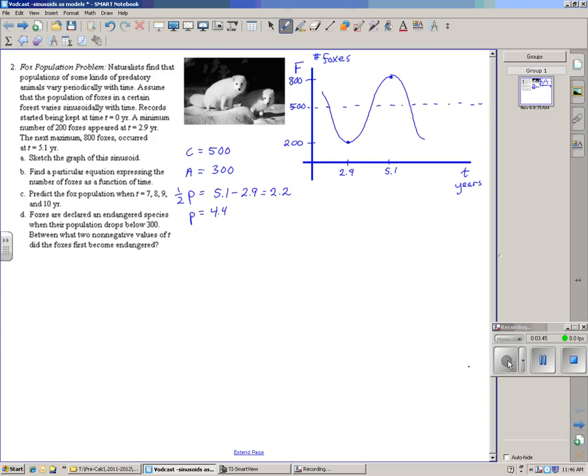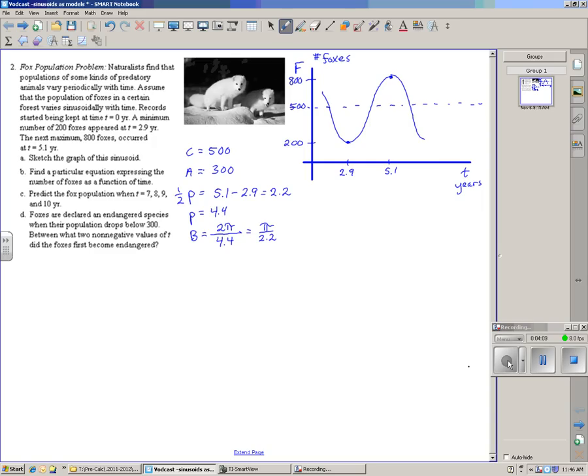Now the way I figure out B for my equation is B is always the normal period, which is 2 pi in this case in radians, divided by the period in our actual situation, which is 4.4, which we could write as pi divided by 2.2.